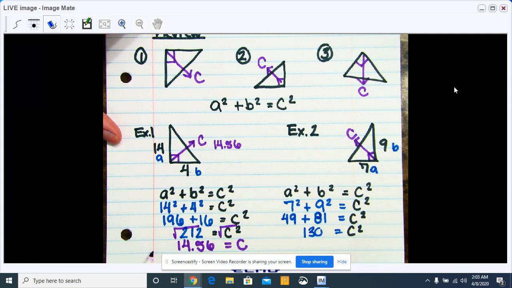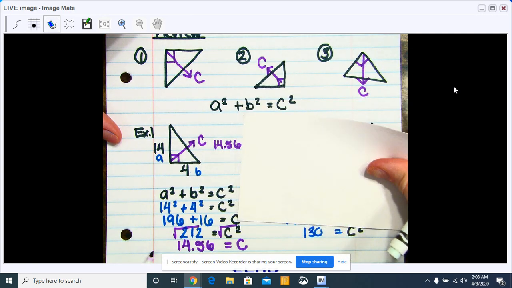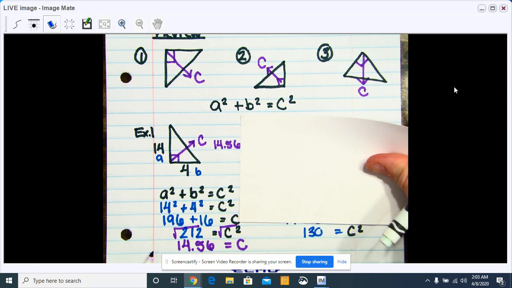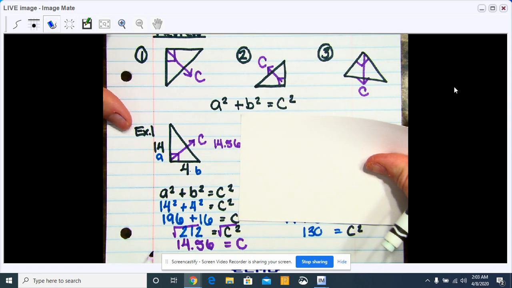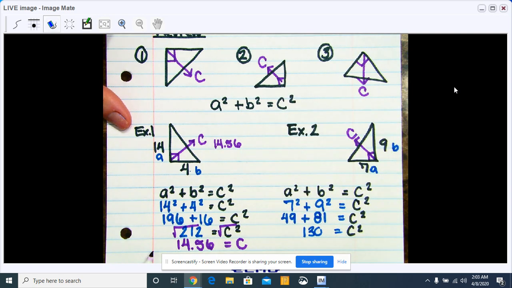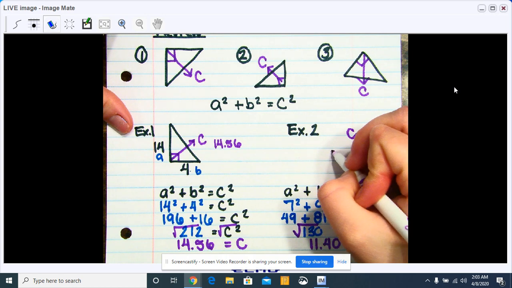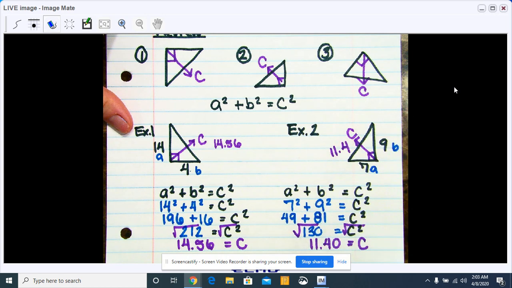And again, if I covered all of this up and just gave you a problem from the inverse of squares, 130 equals x squared, you should be able to realize that the inverse or opposite of squaring something is taking the square root. So I am going to take the square root of 130. And that number comes out to be 11.40. I'm going to go ahead and round it and stop there. And so that side length will be C. So I'm going to say 11.4 is C.